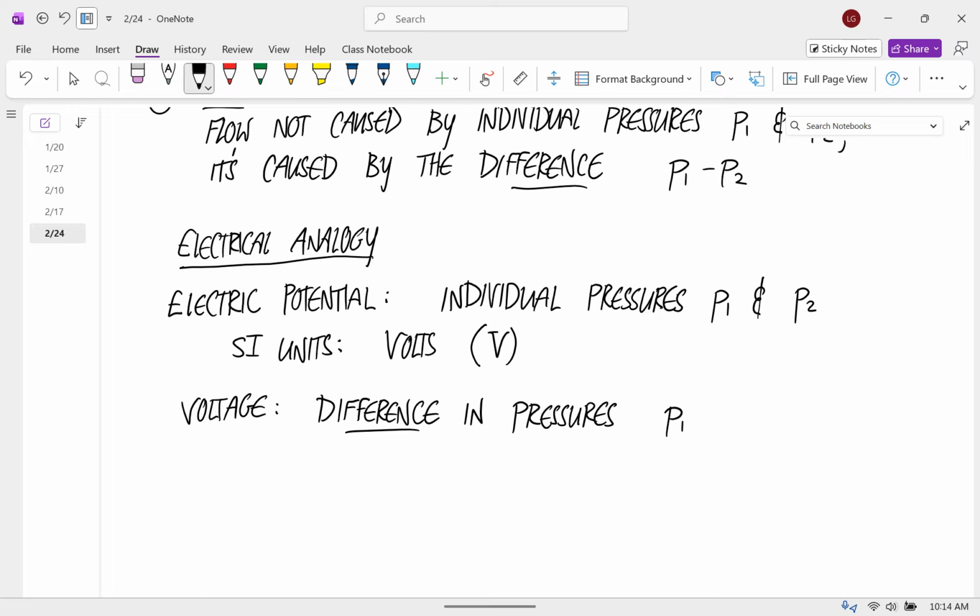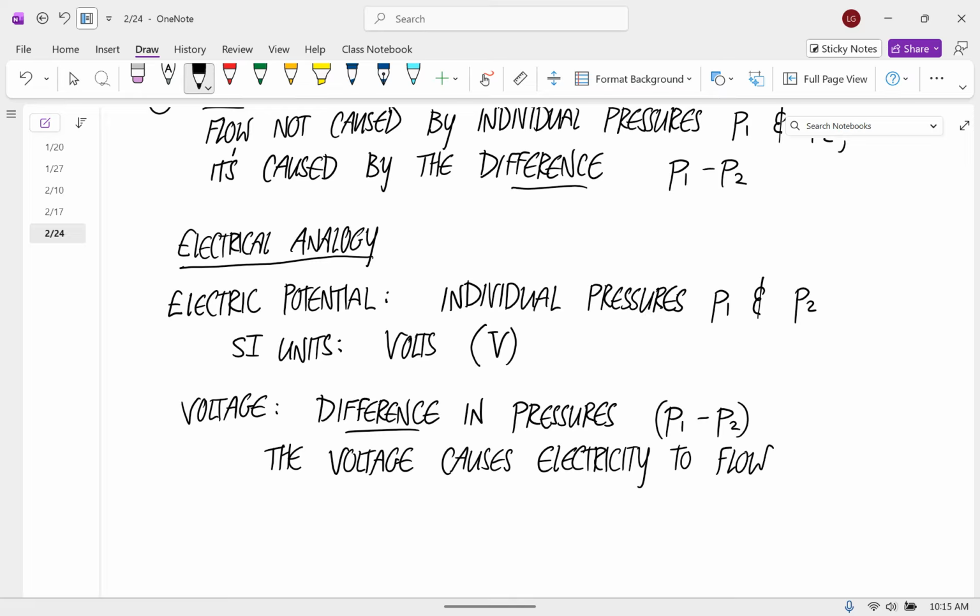So you can think of this as like P1 minus P2. Okay. The voltage then is the thing that causes electricity to flow. Well, if P1 and P2 both have units of volts and you subtract them, then the units you get are still volts.